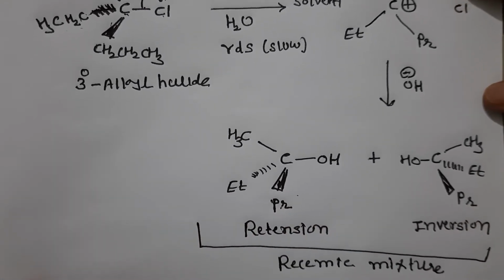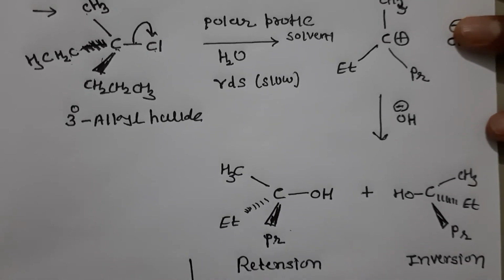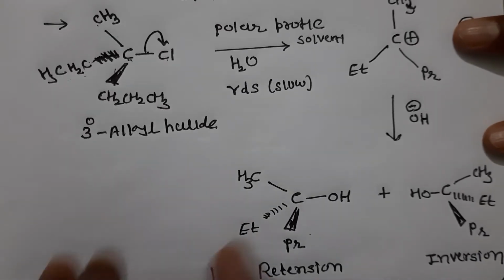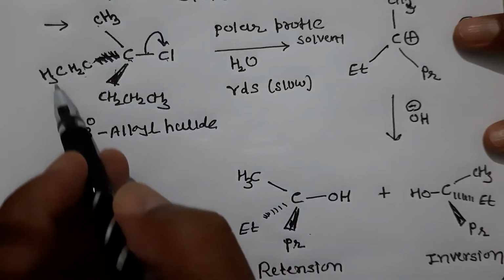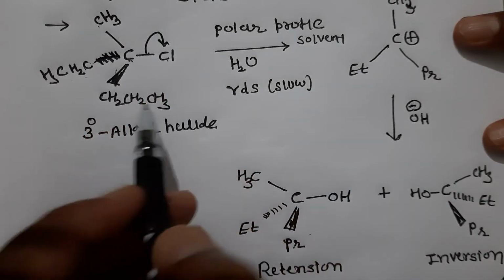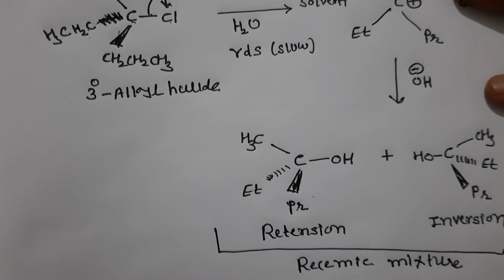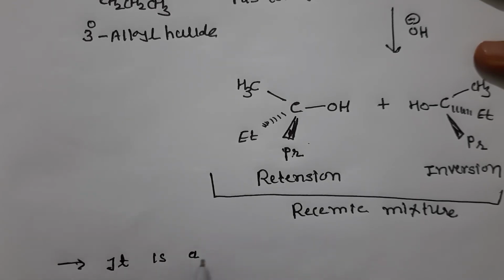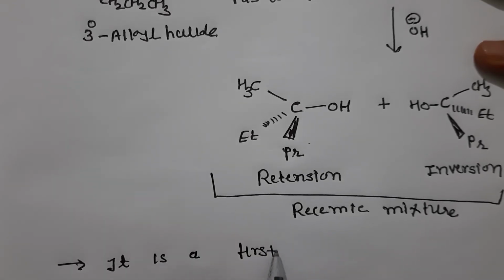So what did we get from this reaction? This reaction is a first order reaction because the rate only depends on the alkyl halide. So we can write here, this is a first order reaction.